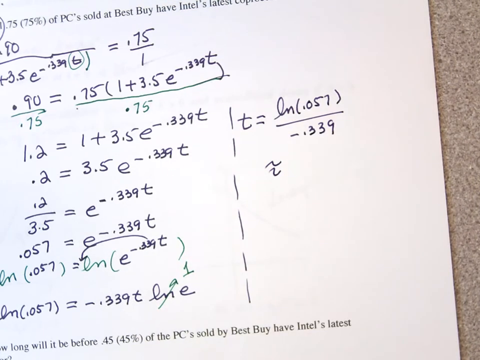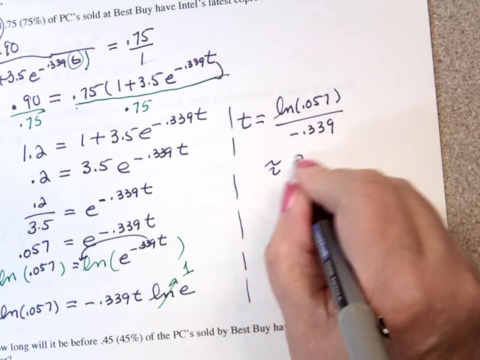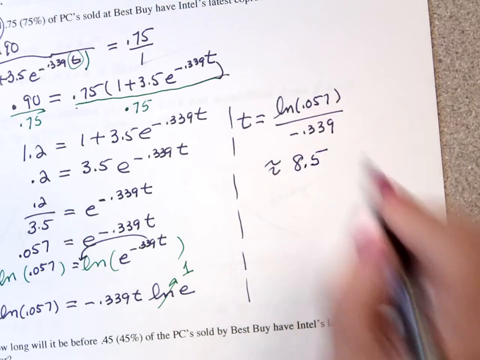which is approximately the natural log of 0.057 divided by negative 0.339, and that ends up being 8.5.